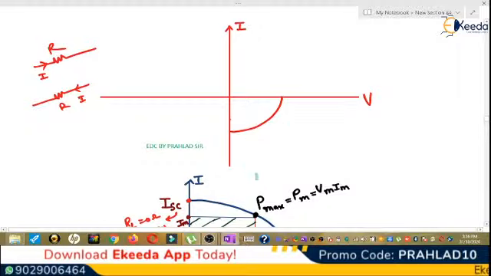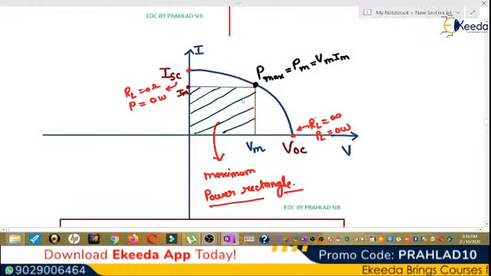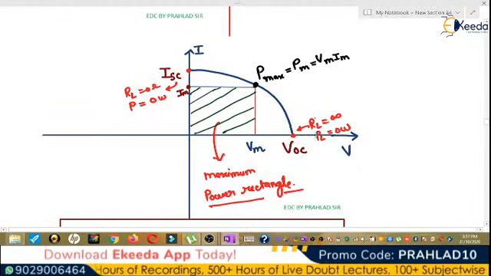So this is the characteristic of the solar cell, and we can also draw it in the first quadrant when we take the magnitude. In the first quadrant, this is the graph, this is VOC and ISC. This is the point when RL is infinite, but then power dissipation in the load is 0, and this is the point where current is ISC.